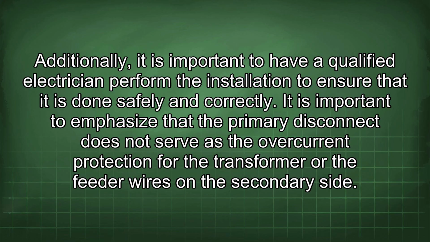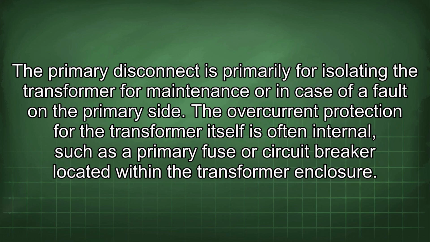It is important to emphasize that the primary disconnect does not serve as the overcurrent protection for the transformer or the feeder wires on the secondary side. The primary disconnect is primarily for isolating the transformer for maintenance or in case of a fault on the primary side. The overcurrent protection for the transformer itself is often internal, such as a primary fuse or circuit breaker located within the transformer enclosure.